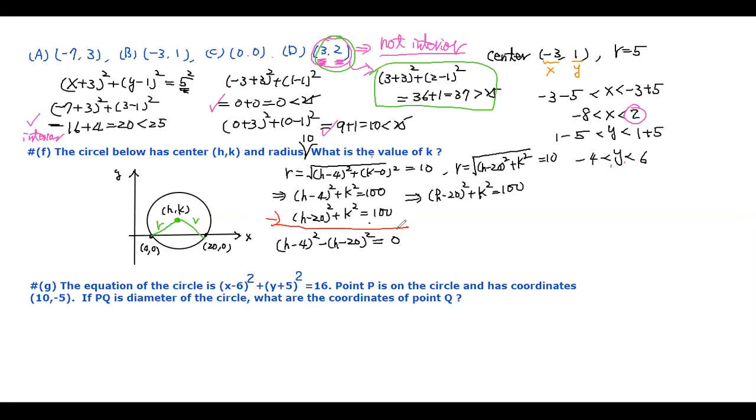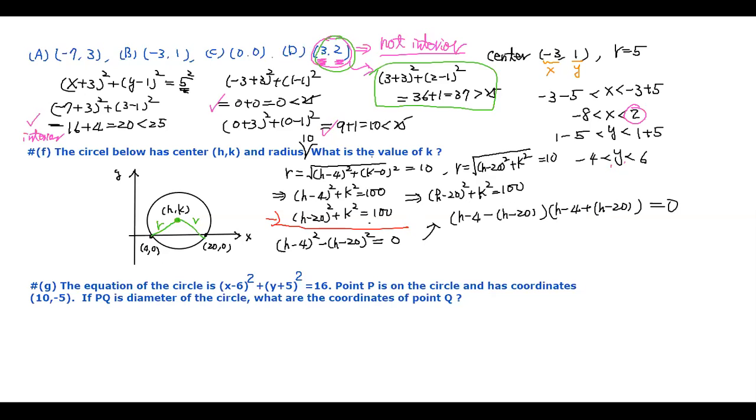So now this is a squared minus b squared, right? Wow, that's good. So I can say here, this is h minus 4 minus h minus 20 times h minus 4 plus h minus 20 equal to 0, right?